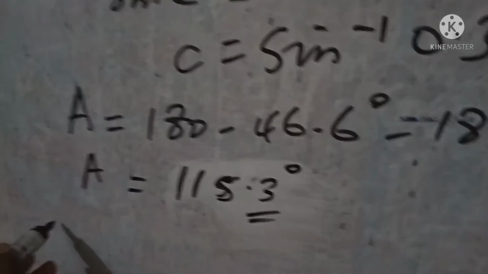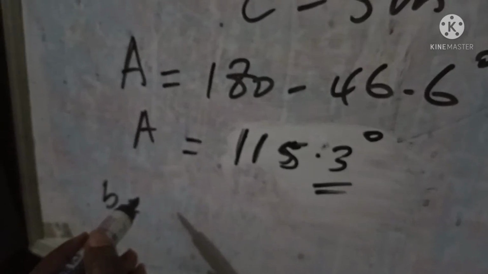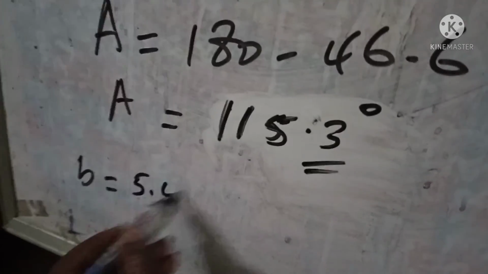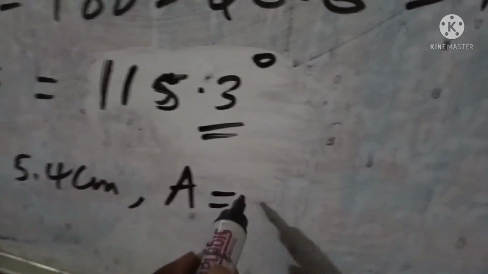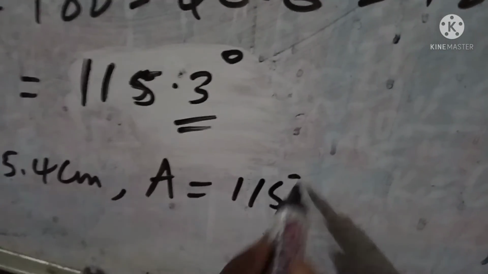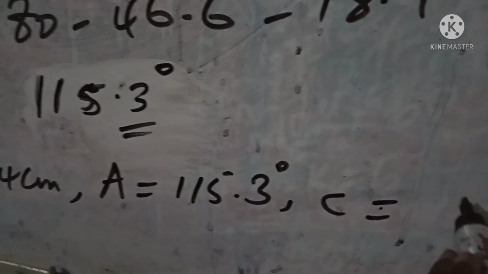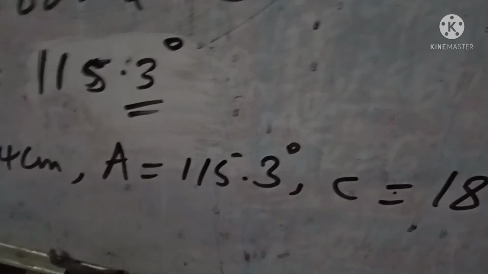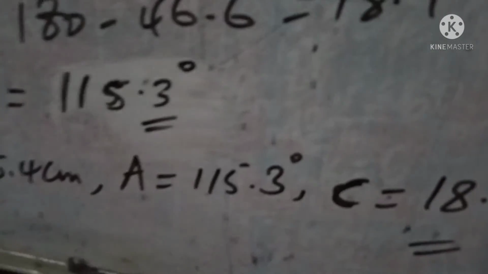So with this, we have our b, small b, to be equal to 5.4 centimeters. Then our angle A to be equal to 115.3 degrees. And C to be equal to 18.1 degrees. I mean capital C, which represents the angle.